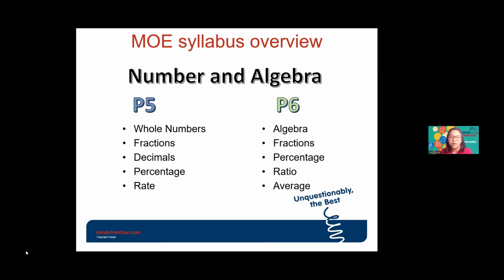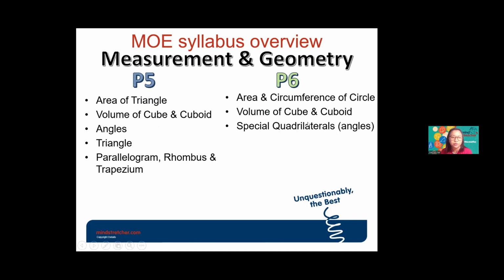Okay, so number. Measurements and geometry. For the measurements and geometry, in primary five, you are going to learn about area of triangle. You're going to learn how to find the area of triangle, volume of cubes and cuboids.